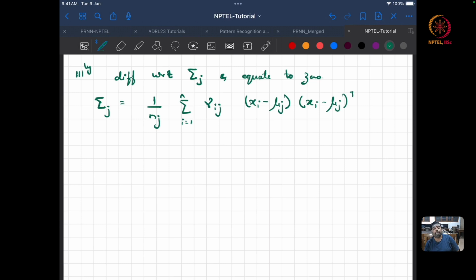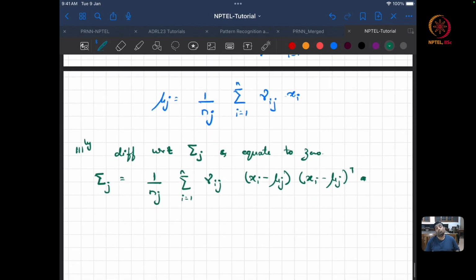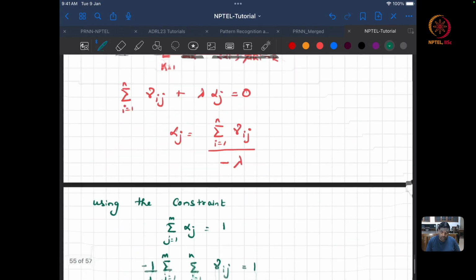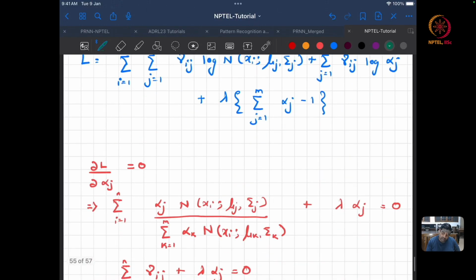Okay. We have seen similar kinds of derivations earlier. I hope that you will be able to take care of this. Now this is for one specific t, and then you have obtained these parameters. Then what do you do? Now this is the M step. I should have mentioned it. Okay, this is the M step.